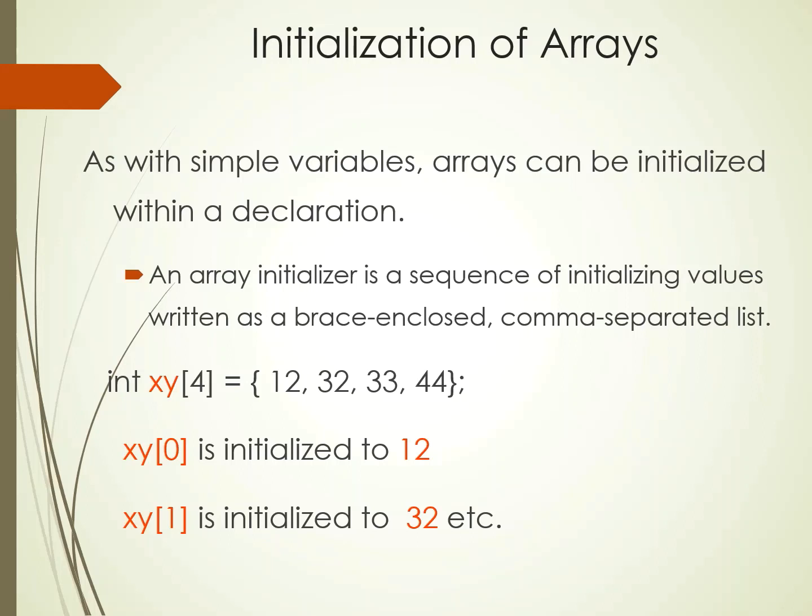So array declaration and variable assignment can be done in a single statement. int xy[4] = {12, 32, 33, 44}; semicolon. So the array xy with size 4 is created and the values 12, 32, 33 and 44 are assigned. Here xy[0] is initialized to 12 and in the second location xy[1] is initialized with the value 32.